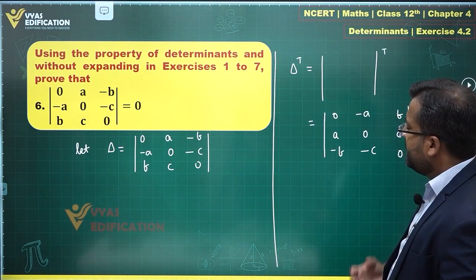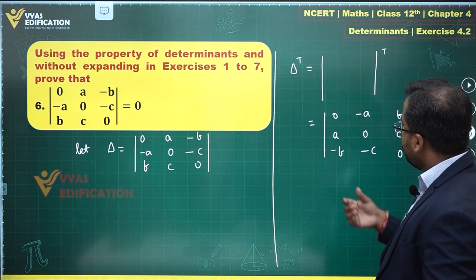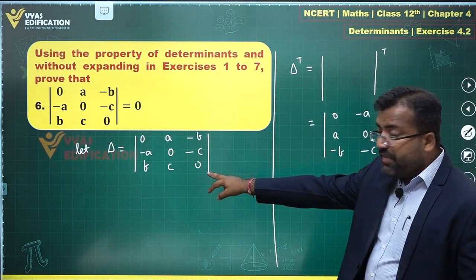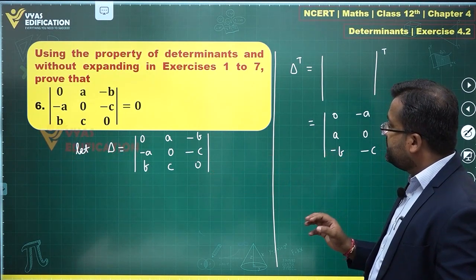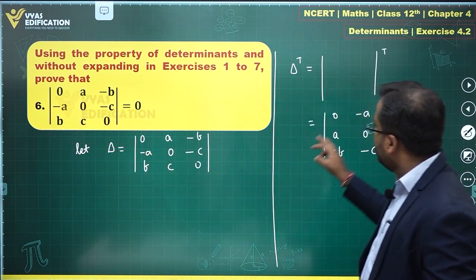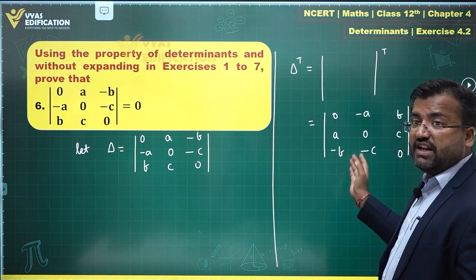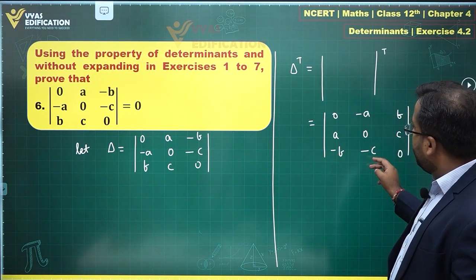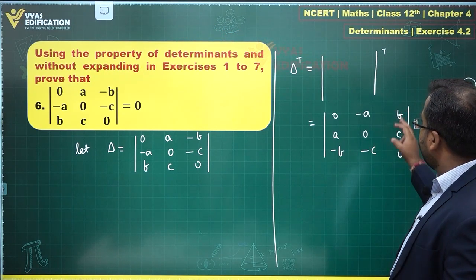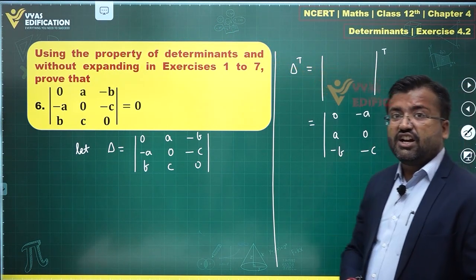This is delta transpose, and once you have obtained it, as we compare this with the original, we observe that in the first column, where we have 0, minus a and b, we now have 0, a and minus b, so there is an extra minus, and we can take that minus out. Similarly here we have an extra minus, we can take that out, and here we have a minus less, let's take that out as well.